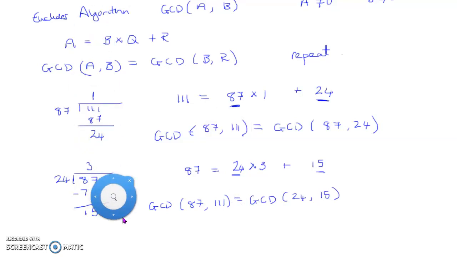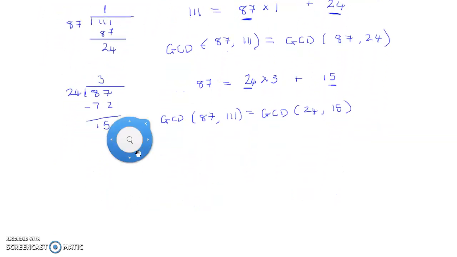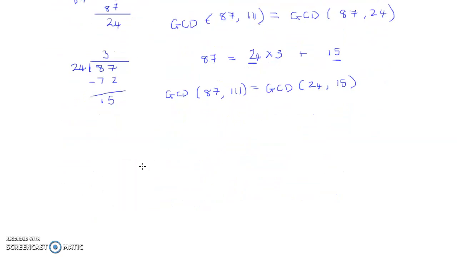Although these numbers are small enough now that I could probably just get the divisor, we'll do it one more time. 15 into 24 goes once. Take away the 15 and we have a remainder of 9. So we can say that 24 is equal to 15 multiplied by 1 plus 9.